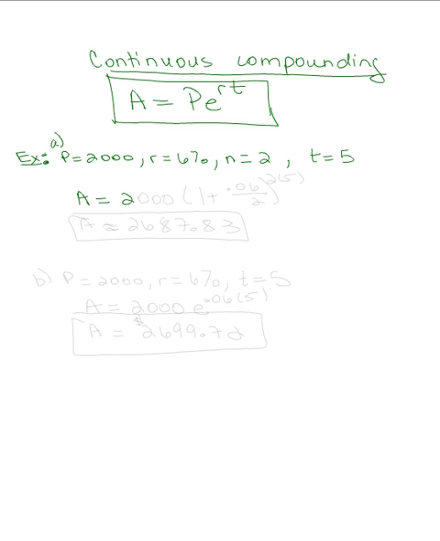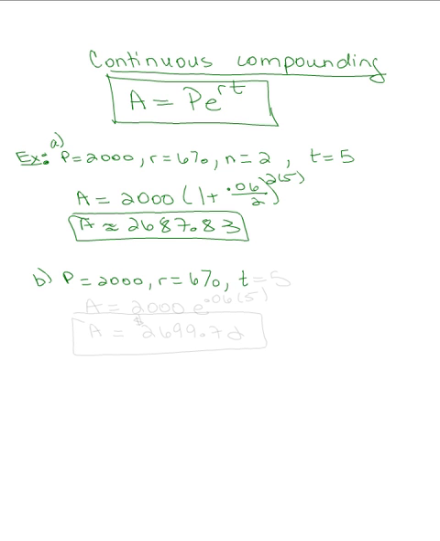Then the answer would be 2,000 times (1 plus 0.06 over 2) raised to the 2 times 5. And if you work this out, you'll get approximately $2,687.83.